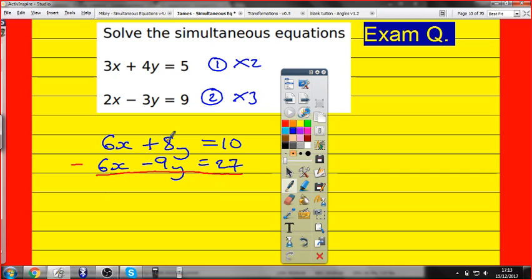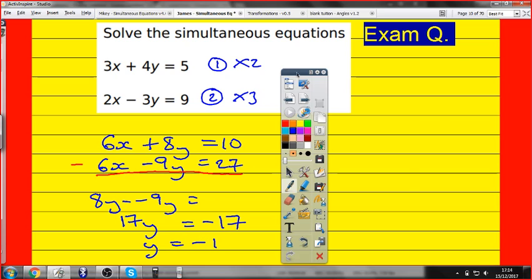So you've got 8y minus 9y? Oh, so it's an add. Oh, so the difference. Oh yeah, I forgot to do this part. So 17y equals minus 17. Yeah. So y equals minus 1.